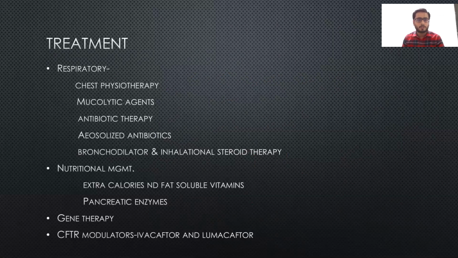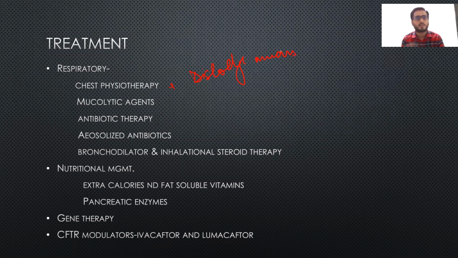So coming on to the treatment, first of all is chest physiotherapy. Chest physiotherapy can be done in many ways. There is high frequency physiotherapy and clapping. Basically, we can do it with an ambu bag mask in small children. Chest physiotherapy is basically to dislodge mucus.